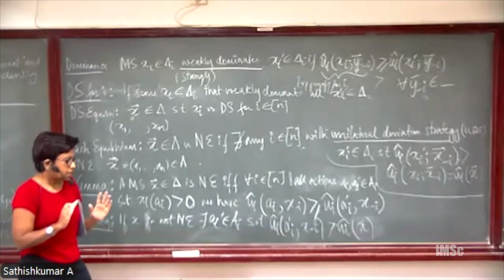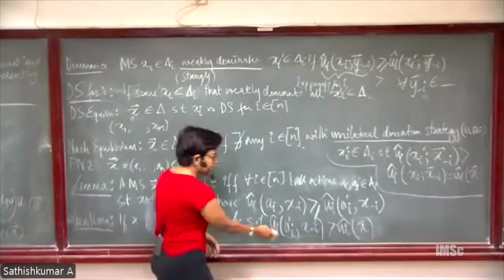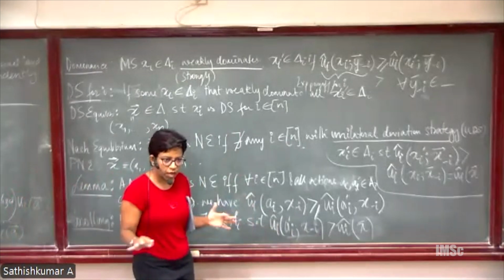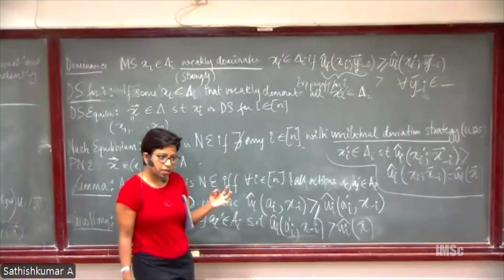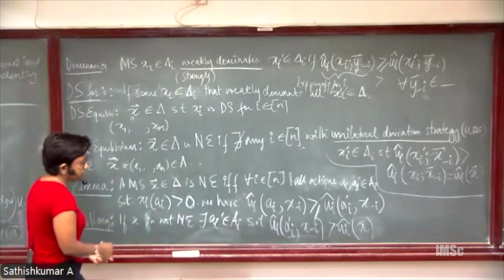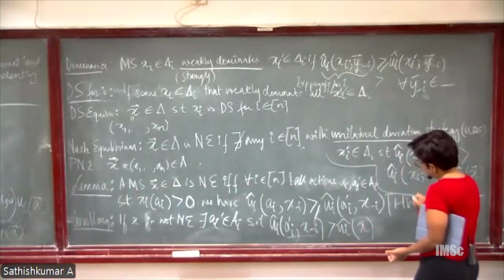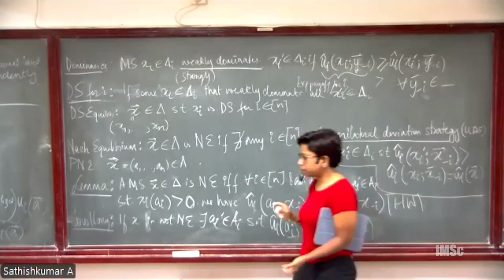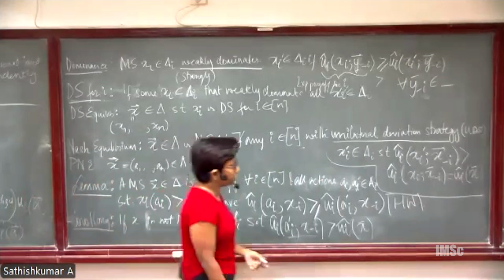I'm not saying that this constitutes a Nash equilibrium or that this gives him the maximum payoff among all other strategies. Just that it witnesses a positive deviation, a positive gain. So I'll leave this lemma reserved for homework, and use this definition.